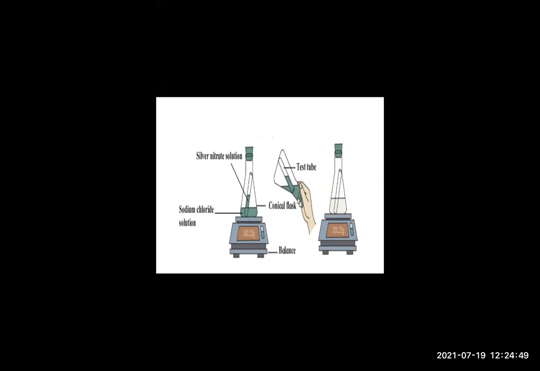So it's a small textbook activity to show how the reaction occurs between sodium chloride and silver nitrate. So what is the use of silver nitrate, students? Very good, voter's ink. Silver nitrate is used in the voter's ink.